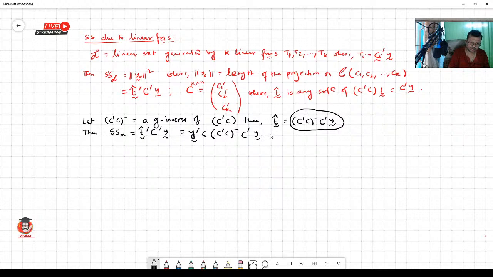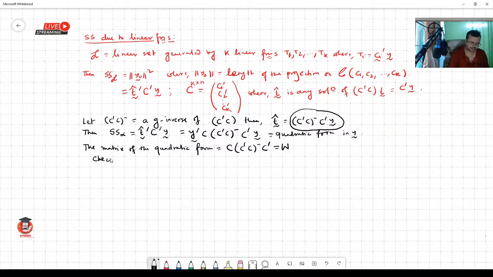This is a quadratic form in Y. The matrix of the quadratic form I denote by W matrix.